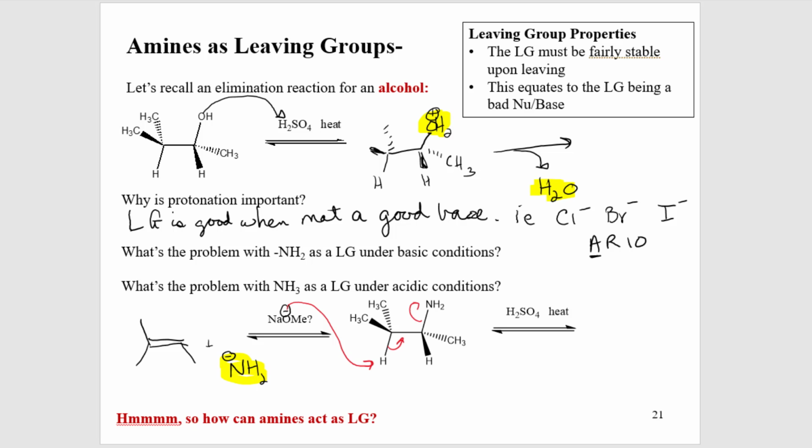Oh my God, this is a very strong base. Think about LDA, right? LDA was a strong, bulky base we used to make enolates. Nitrogen minus is a very strong base.